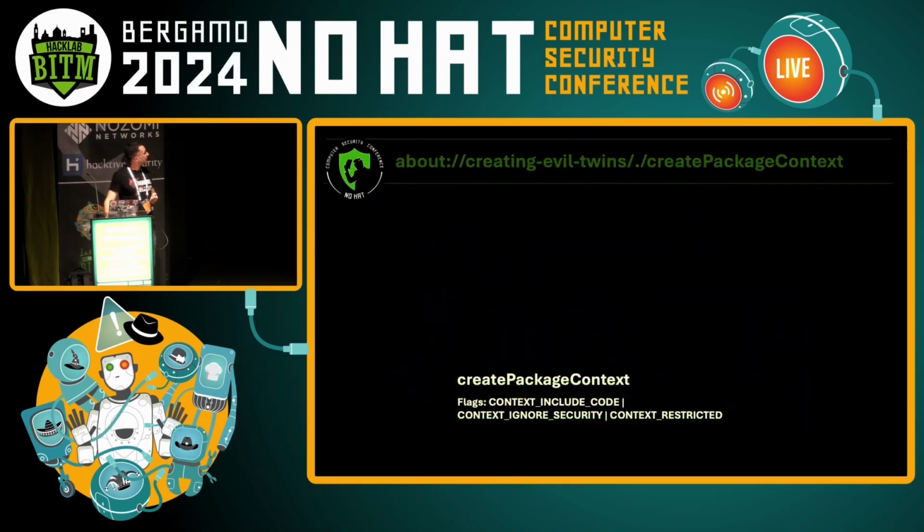All right, so I guess I saved the best for last when it comes to making our life easier. So createPackageContext is another, I would say, powerful method, which can be, among others, used in order to return a class loader of another app. How we can do that?